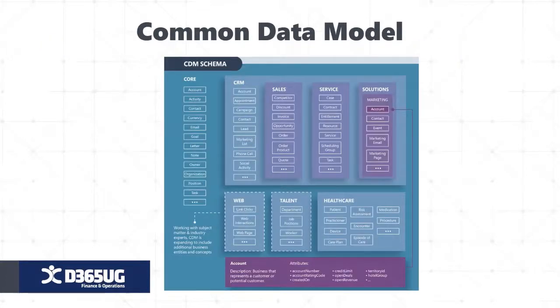Now, returning back to the CDM schema, the core entities in the CDM database that you can see on the left side of the screen are deployed with the base instance of CDS for apps. That's what I just showed. So if you deploy the database, you will get those base entities.